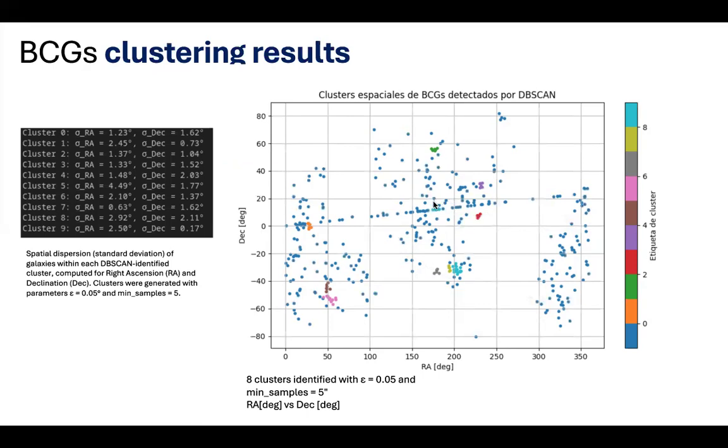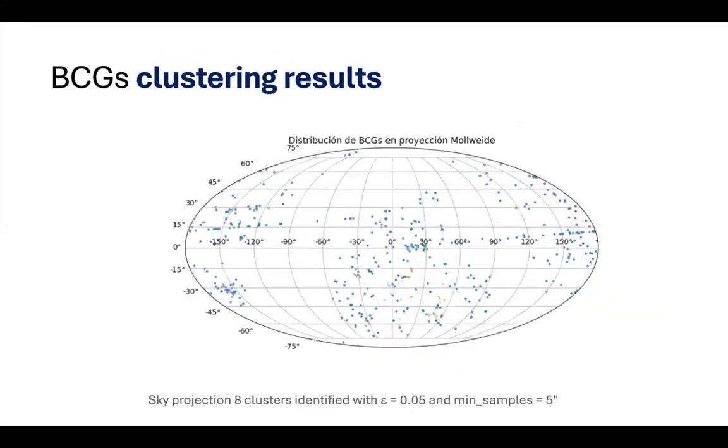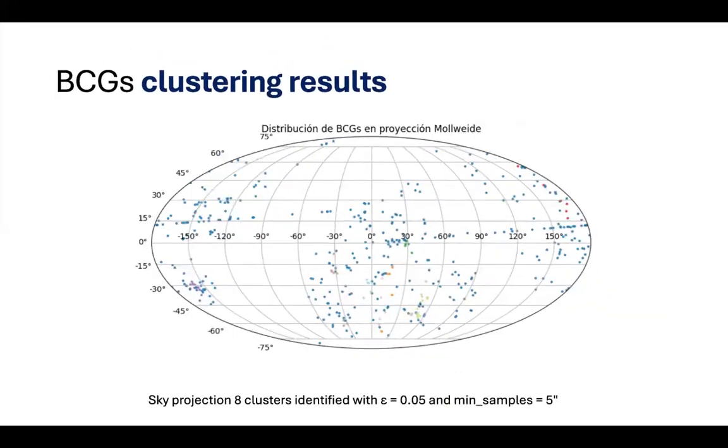Also here. So there are regions that we identify as high clustering based on this analysis of the BCGs. We can also make this plot in a world-wide projection to check it better.